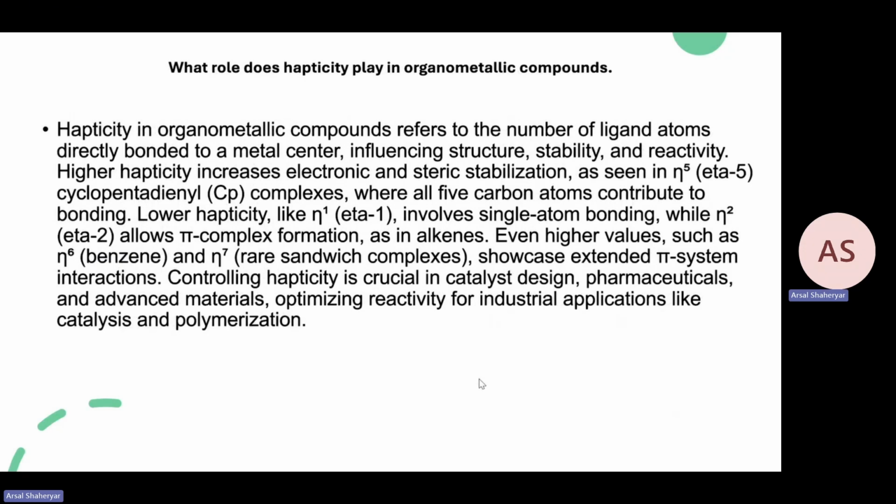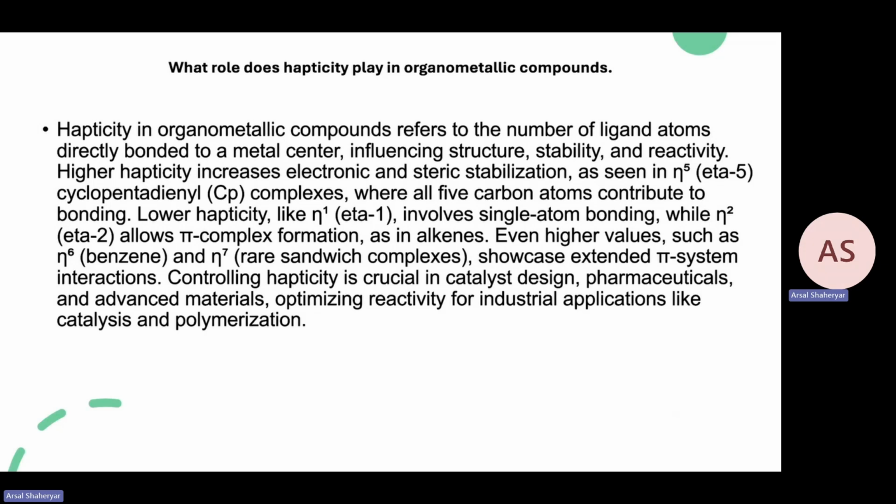Now, you may also wonder, what role does hapticity play in organometallic compounds? Hapticity in organometallic compounds refers to the number of ligand atoms directly bonded to a metal center, influencing structure, stability, and reactivity. Higher hapticity increases electronic and steric stabilization, as seen in eta 5 cyclopentadienyl complexes, where all 5 carbon atoms contribute to bonding.